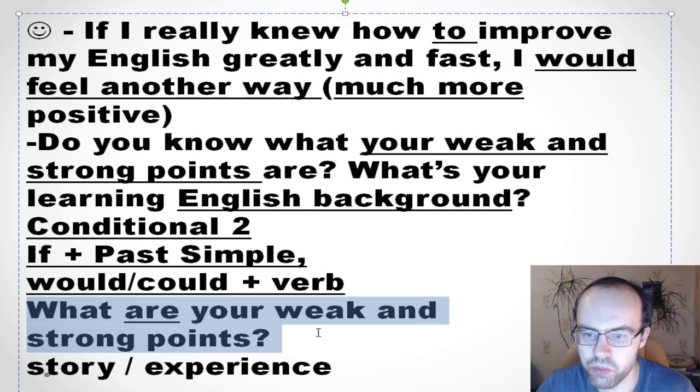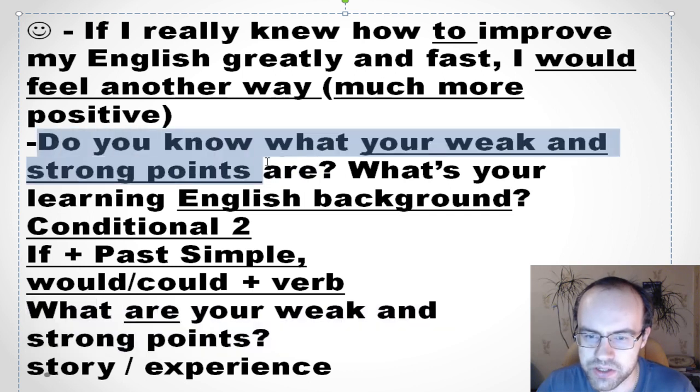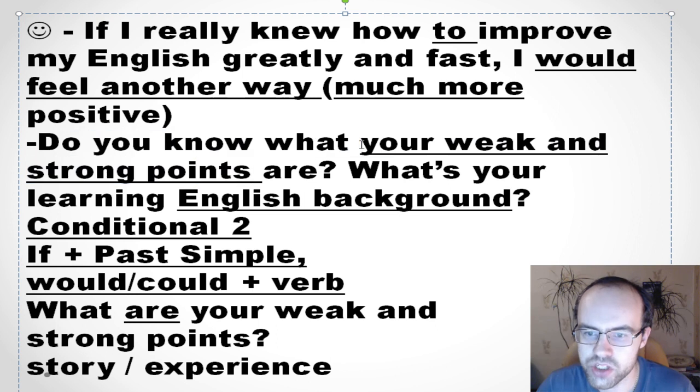And what are your weak and strong points? So normally we ask it this way. So what are your weak and strong points? But if you look at this question, you see that there is another word order here. So what your weak and strong points are.